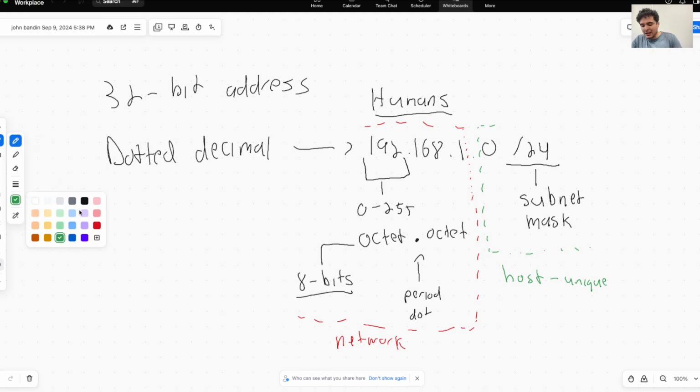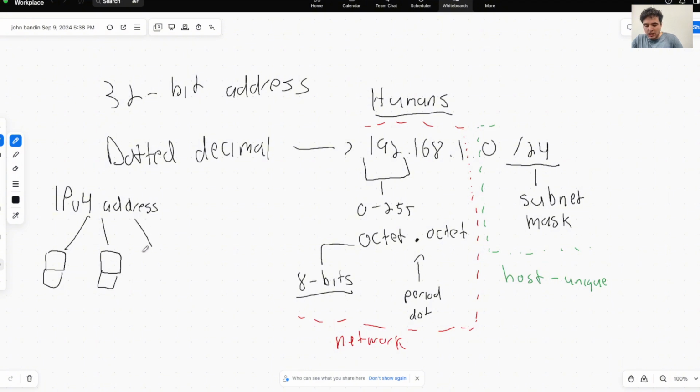Now, an IP address works at layer 3, the network layer of the OSI model. An IPv4 address is assigned to nodes or to hosts. So each computing device that wants to talk on the internet or your network or your local area network needs an IP address.